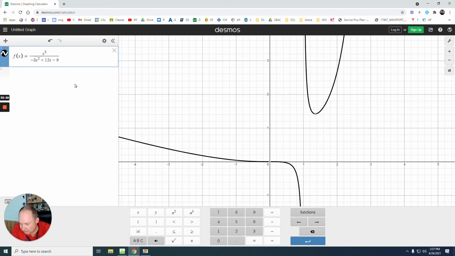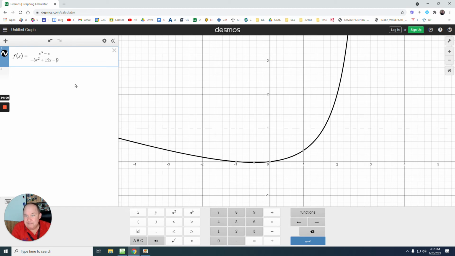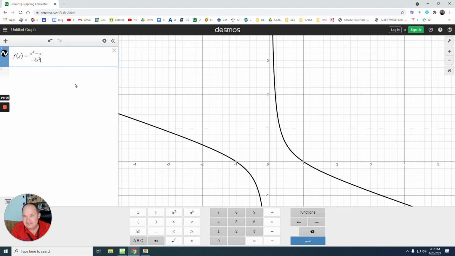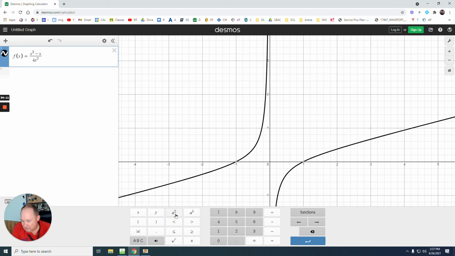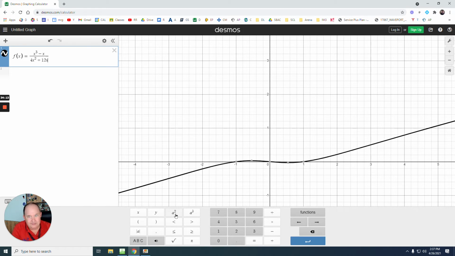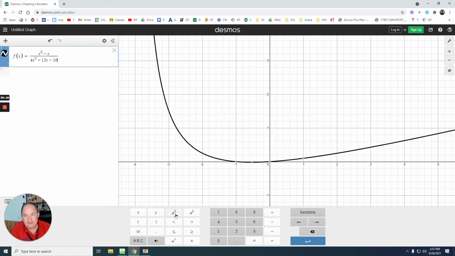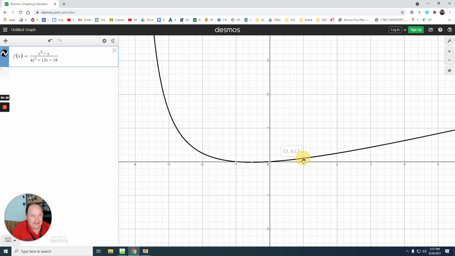So I like x cubed subtract x, but then the denominator should have been 4x squared. My goodness, not my finest moment here. So 4x squared plus 12x, take away 16. Let's see if I can do this right. So x cubed subtract x over 4x squared plus 12x, take away 16, as x approaches 1. Notice the y value is 0.1.